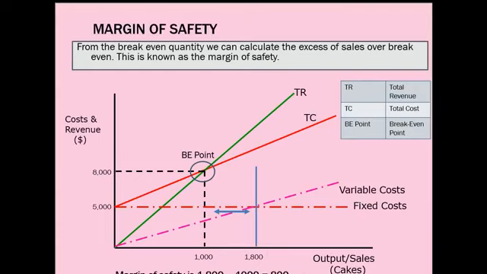What does it mean to a layman? It means that this business has sold 800 cakes above break-even, and this 800 is their present profit. 800 is the present profit. It's very important we have this understanding.